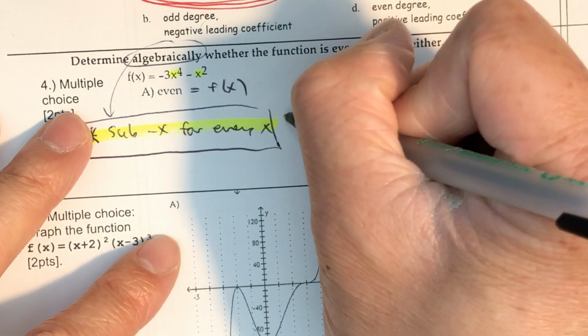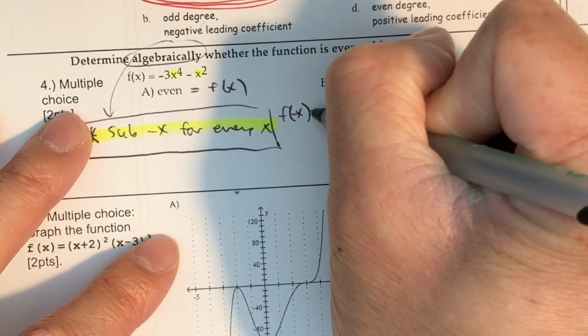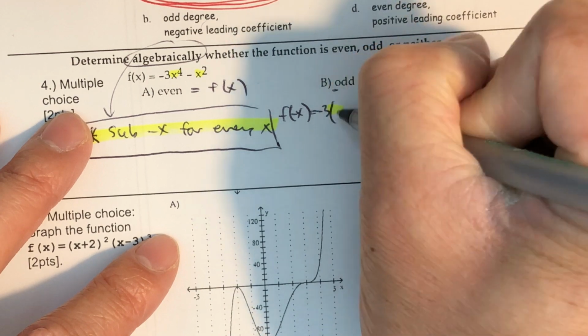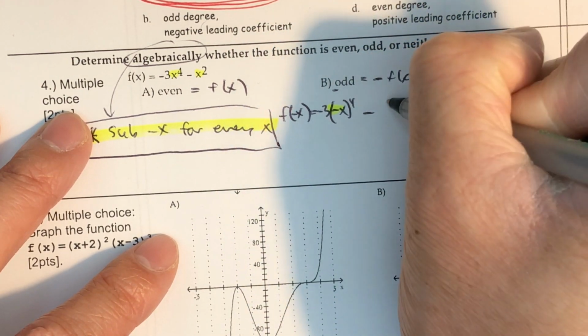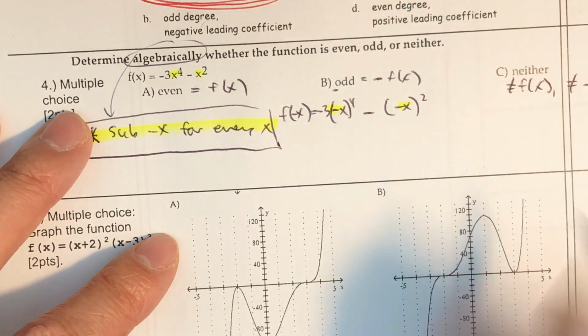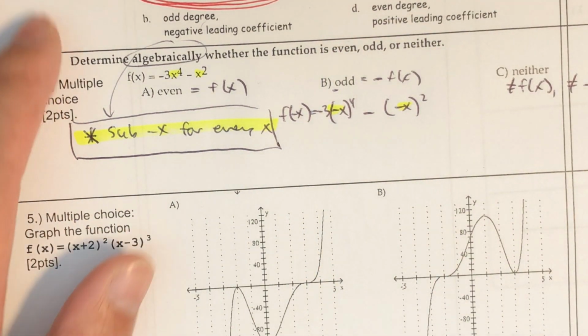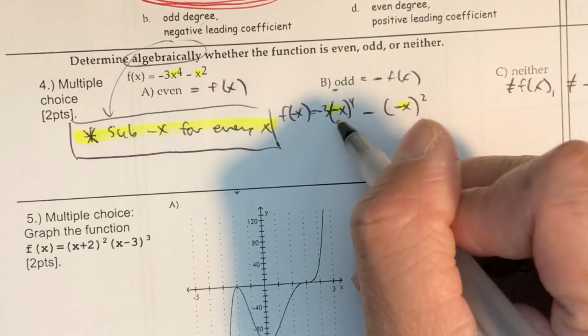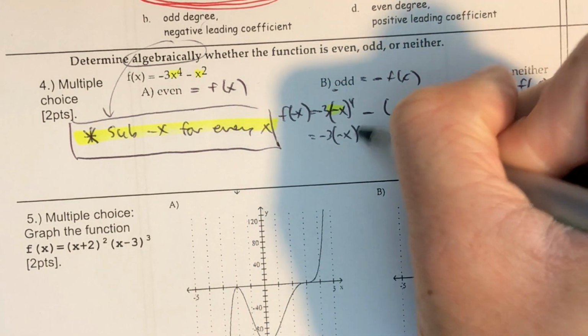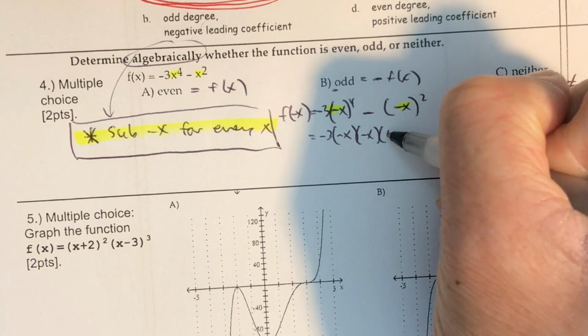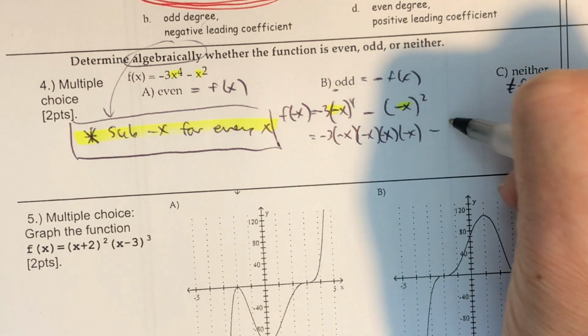So I'm putting into this function negative x, negative 3 times negative x to the 4th power times negative x squared. To simplify, I'm going to use the order of operations. So this basically means there's 4 of them. Again, you don't have to write this out if you already know what the answer is, but it gives you an idea.